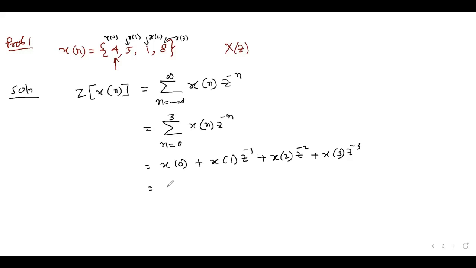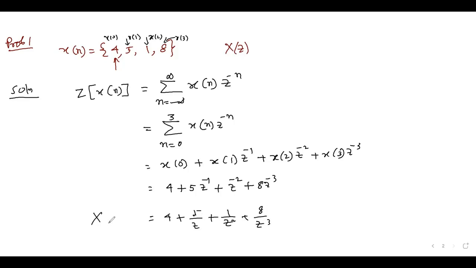So put in the values here. It is 4 plus 5 z inverse plus z to the power minus 2, because x2 is 1, and x3 is 8. So we can write this as 4 plus 5 by z plus 1 by z square plus 8 by z cube.